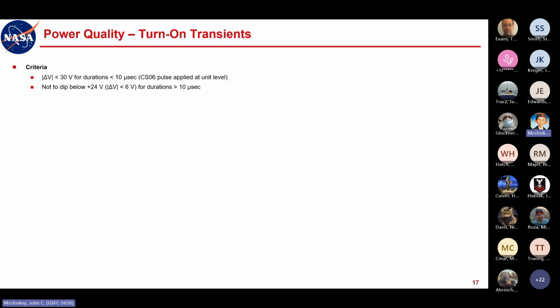Sometimes you have a unit where you really want to minimize power cycles, in which case you know up front you've got one shot at it and you get what you get. But in the course of planning the test, I think we probably did put wording in there, repeat as needed until the test team is satisfied that they've got the necessary data, something like that. Anyway, your criteria here is using that CSO6 pulse as a benchmark.